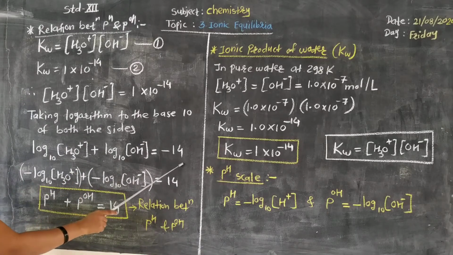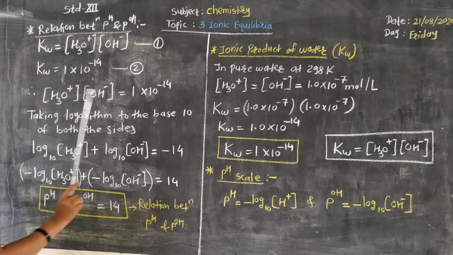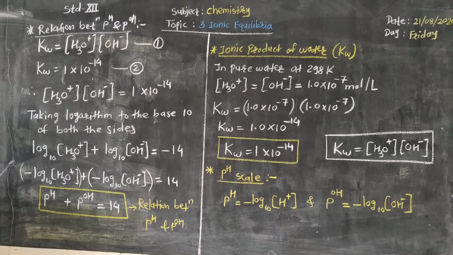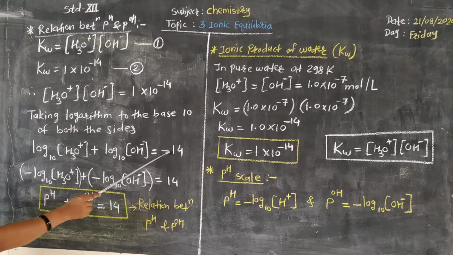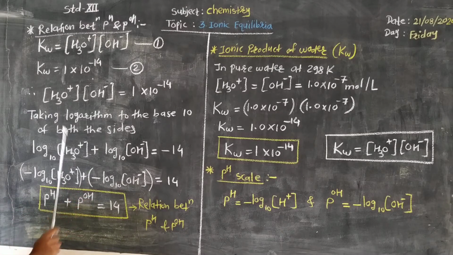After this equation, multiply throughout the equation by minus 1. Therefore, we get negative logarithm to the base 10 of H3O plus ion plus negative logarithm to the base 10 of OH minus ion is equal to plus 14.